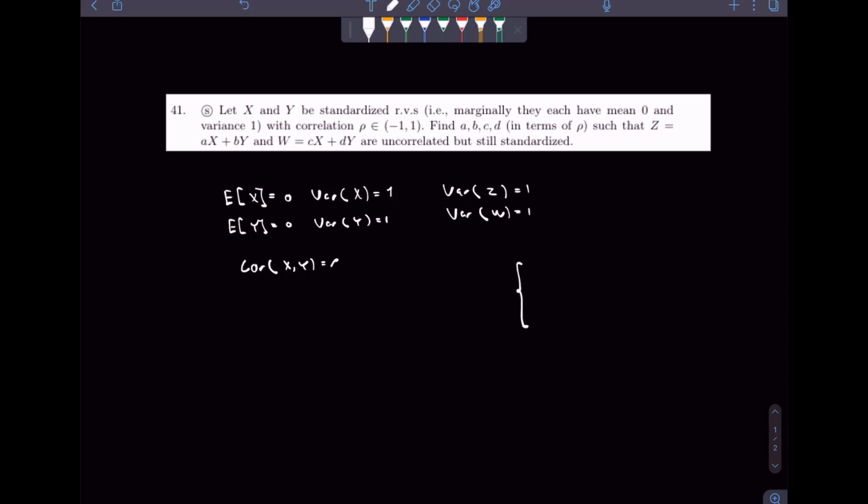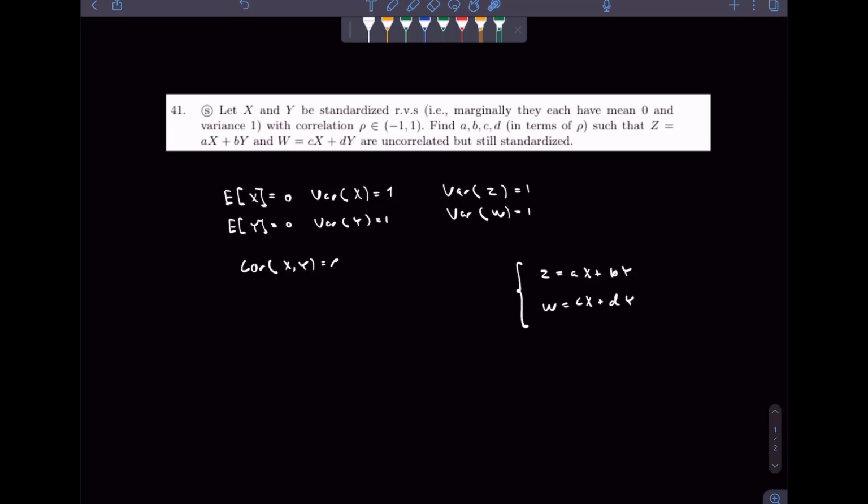Let's also write down what we are given: Z is aX plus bY, and W has to be cX plus dY.